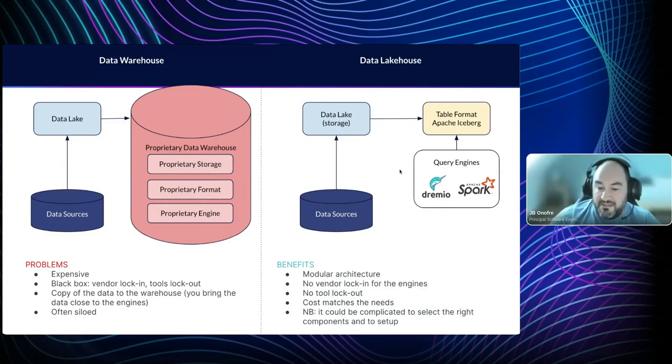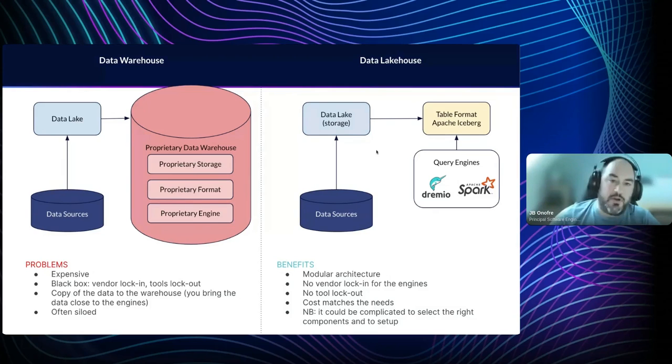We don't have any vendor lock-in, and the cost is reduced because the architecture exactly matches what you need. Obviously, sometimes it could be a little bit complicated to set up this architecture because you have different components. So you have to choose the right components and also know how to set them up.